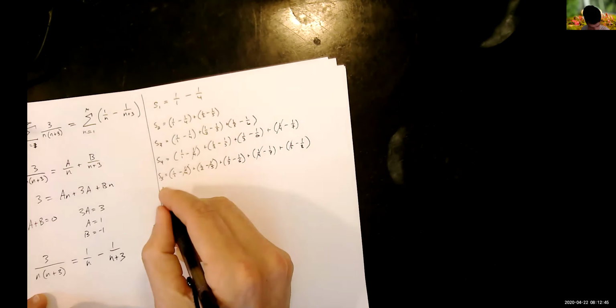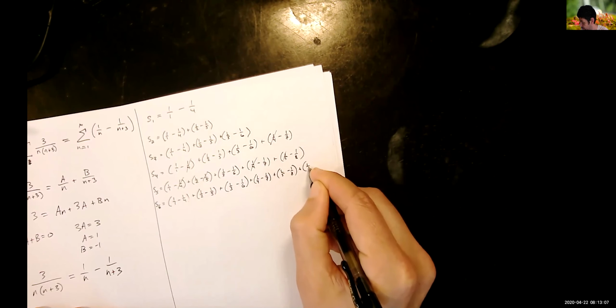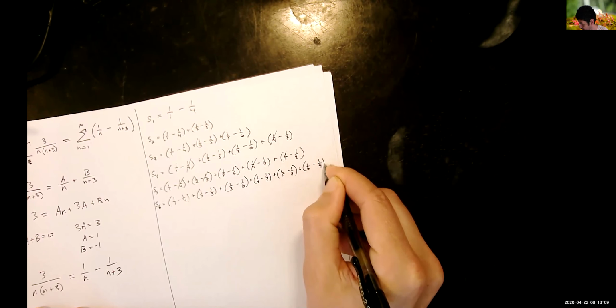Let's do, I think one more should make this clear, maybe two more. Let's see what happens. 1 over 1 minus 1 over 4 plus 1 over 2 minus 1 over 5 plus 1 over 3 minus 1 over 6 plus 1 over 4 minus 1 over 7 plus 1 over 5 minus 1 over 8 plus 1 over 6 minus 1 over 9.